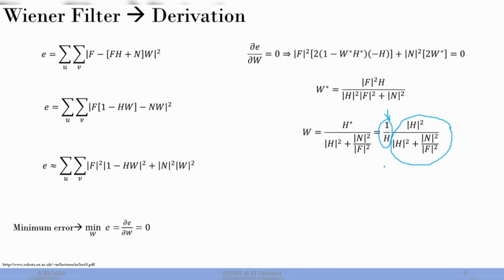And here the only knowledge that you have is about H. You really don't know about F, for example, and N, for example, right? Noise and signal or the image is totally unknown to you. So that's where the beautiful thing comes. I think some of you might already know in what direction I am going, okay, and how beautiful this expression is, okay.